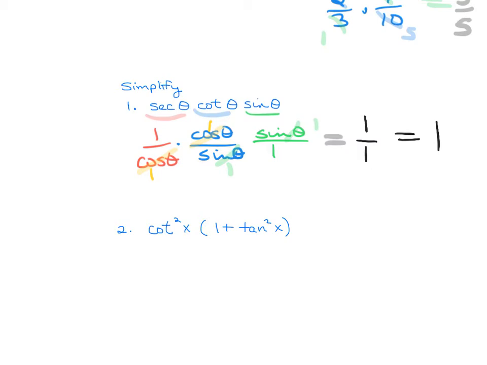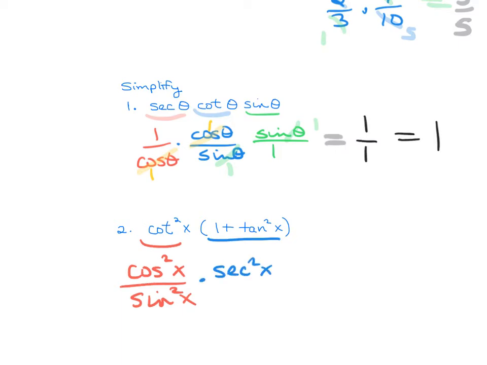So let's replace the cotangent with its quotient identity, which is cosine squared x over sine squared x. And then this one is a Pythagorean identity, and I know that that equals secant squared x. And again, these are being multiplied.